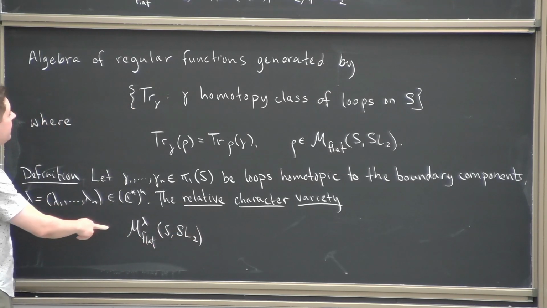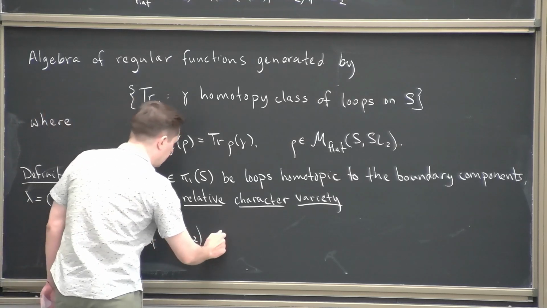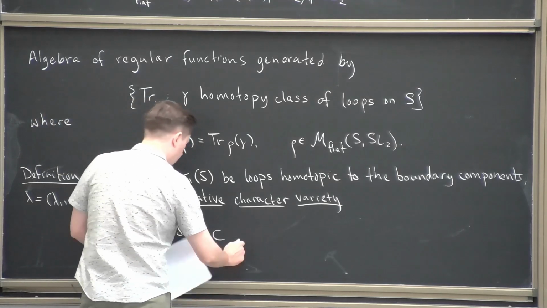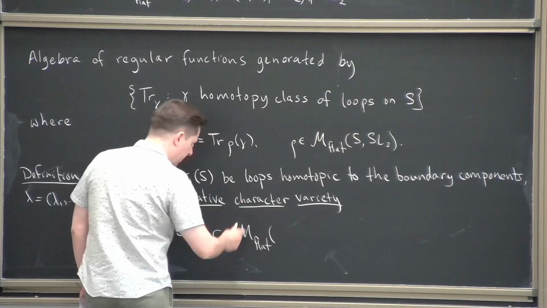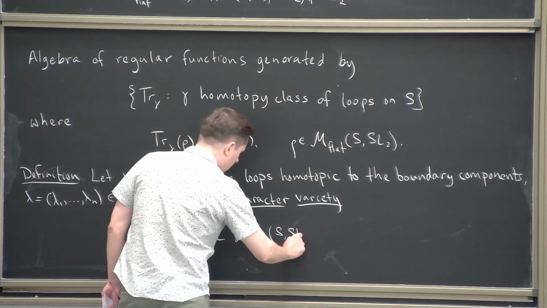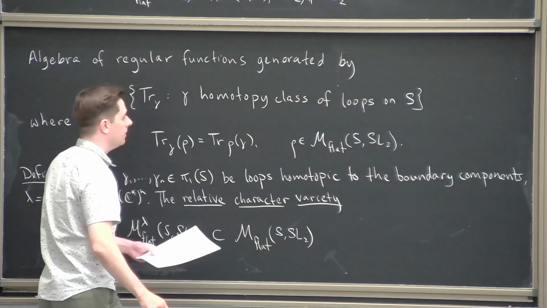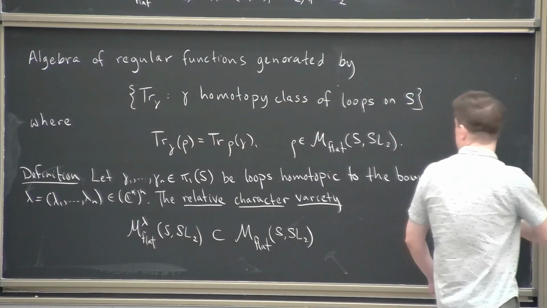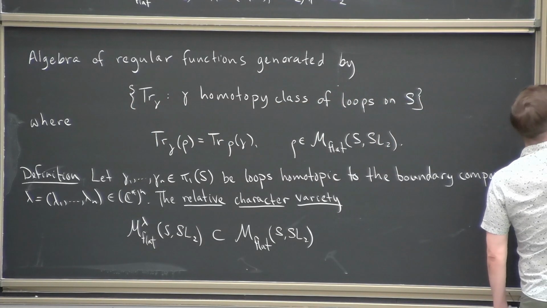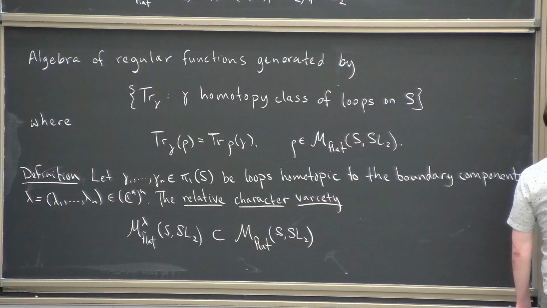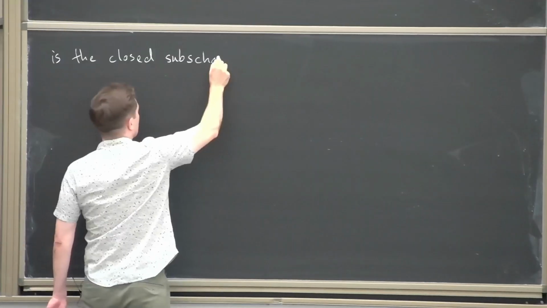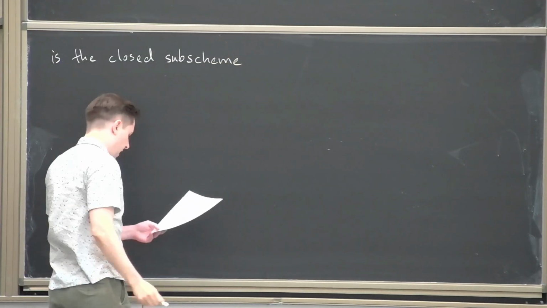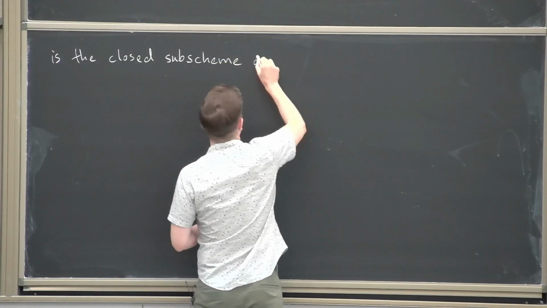So this will be a subspace, a subscheme of the character variety that I talked about previously. So this is defined to be the closed subscheme cut out by the following equations.